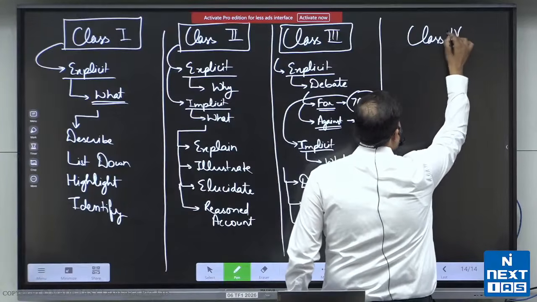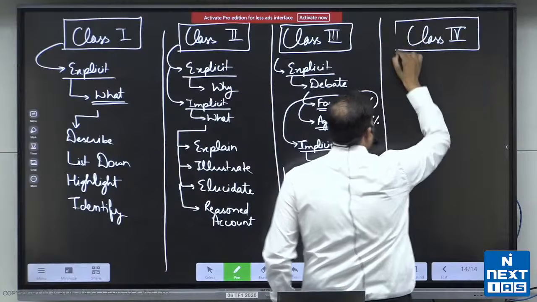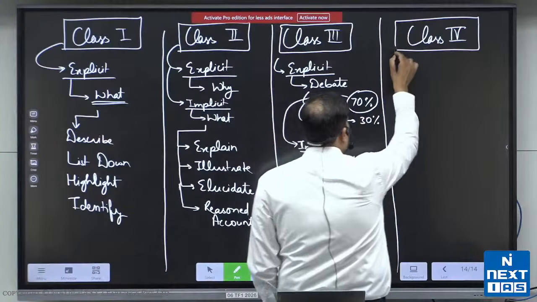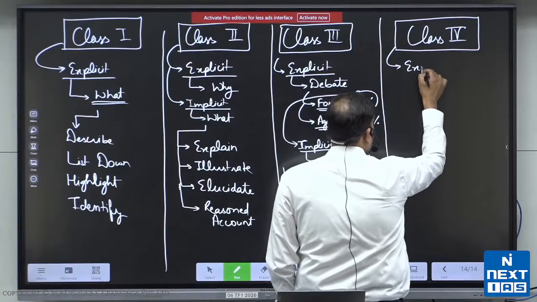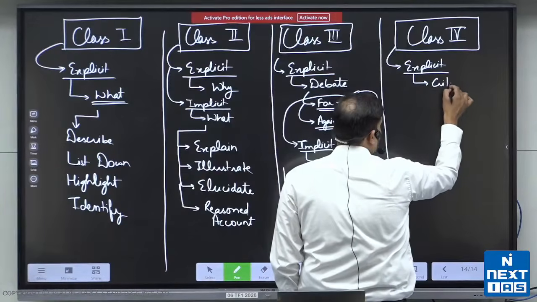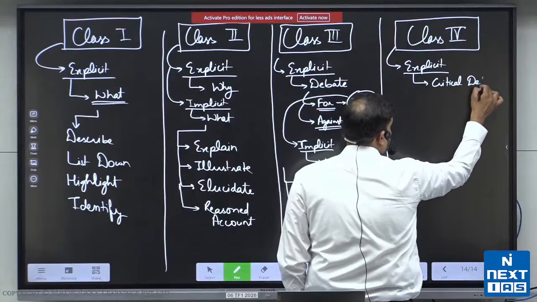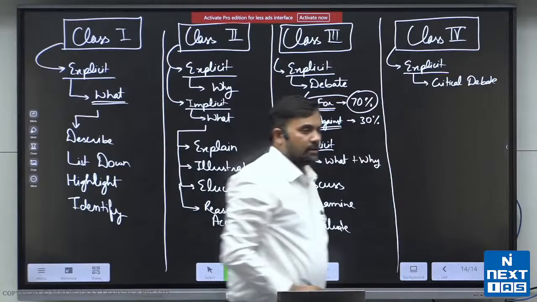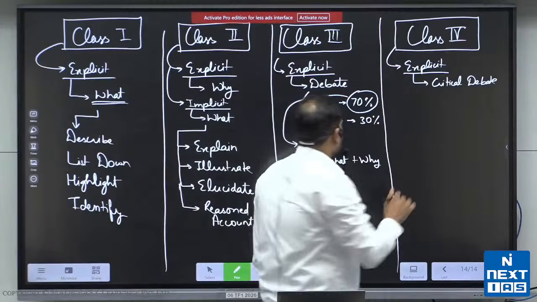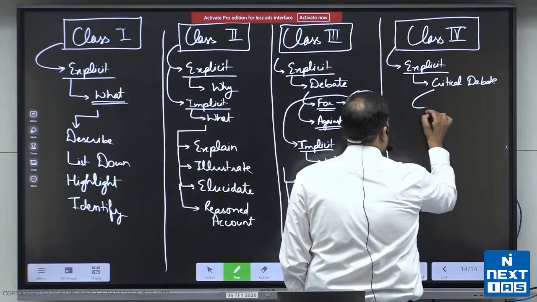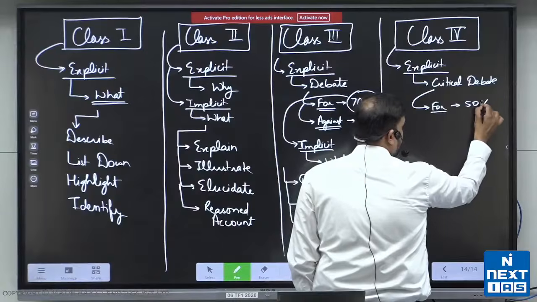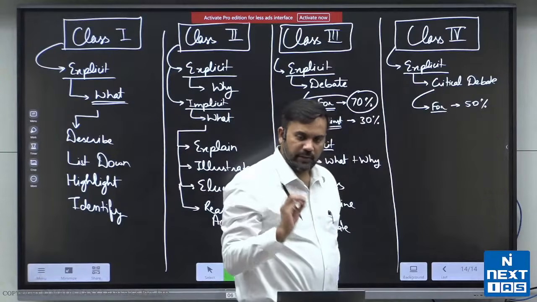class 4. Class 4 here explicit is a critical debate. Critical debate is explicit. Okay, so in this, if you talk about here, I give for limited 50%, and remember for में क्या क्या included है?